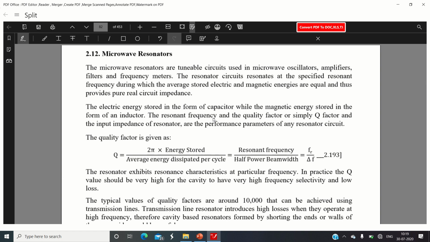The best example of a resonator is the tank circuit, which consists of a parallel combination of inductor and capacitor. The same is applicable over here. The important property of the resonator is that it will start resonating at a specific value of frequency. This particular frequency we call the resonant frequency of that resonator.